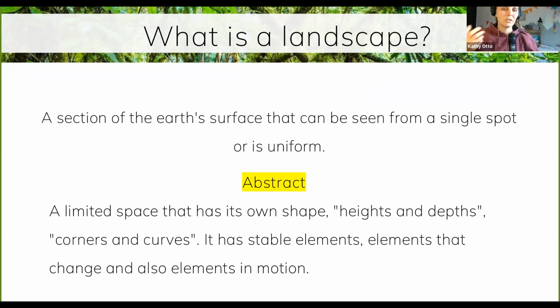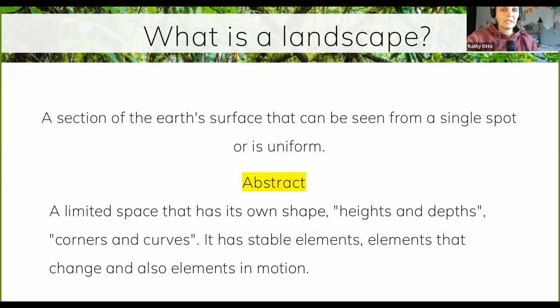It has corners, it has curves. There are stable elements in there, like mountains or people or places or things that are always there, elements that don't change, and elements that are in motion. So it's like an ecosystem, a landscape.